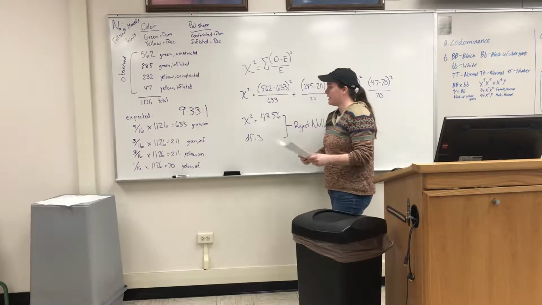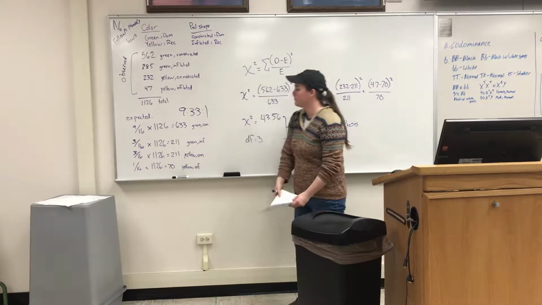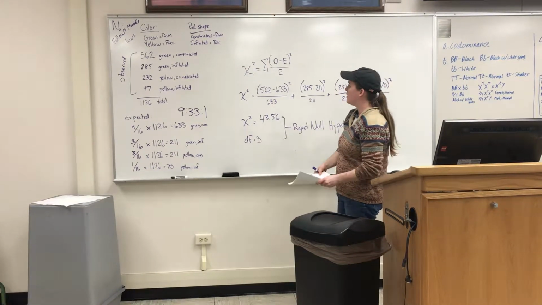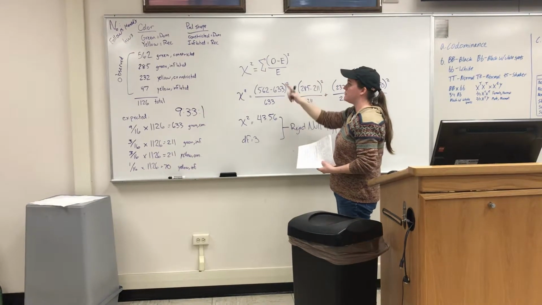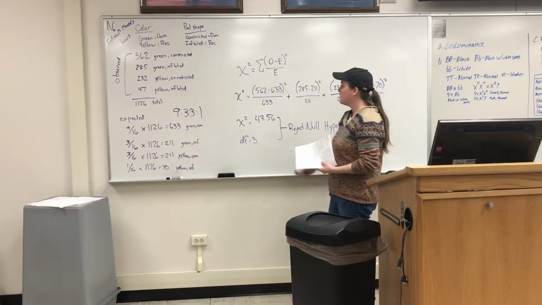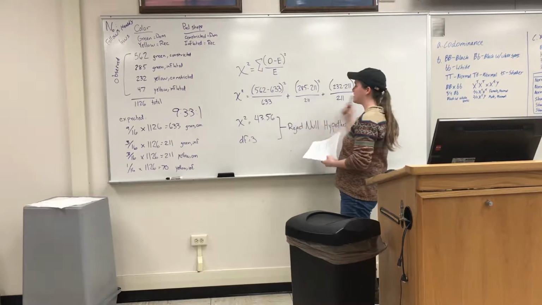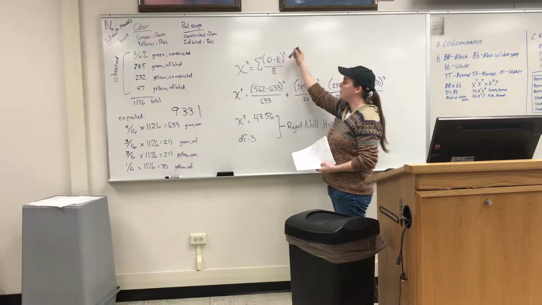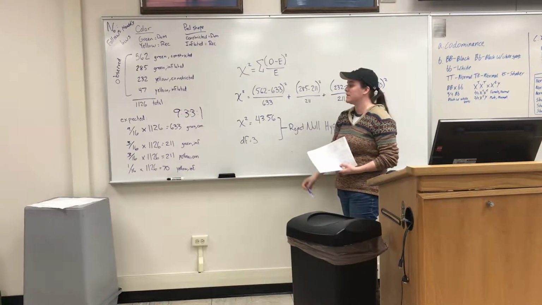All right. So once you get your expected values, which you get here from multiplying those across, we can actually find out our chi-square by plugging all of these values in. So chi-squared is the sum, as you can see, these are all adding together, of our observed minus our expected value squared over our expected.